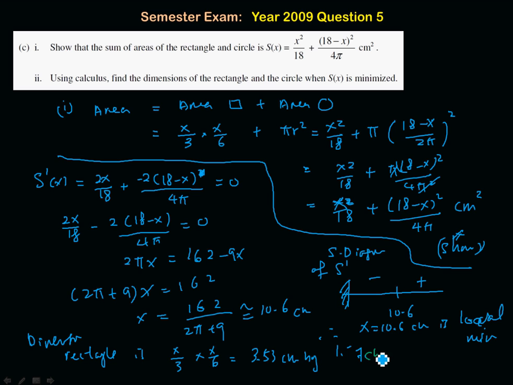And for the circle, you find that r is roughly 1.18 cm. All right, I hope that you try and redo these questions, or questions similar to such optimization problems. All the best.